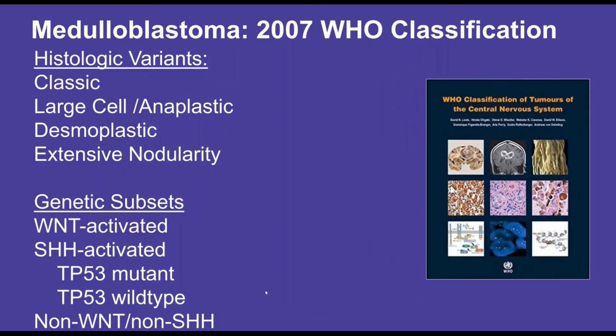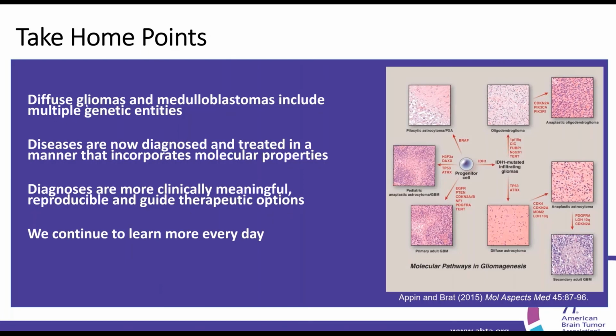So in the WHO as it exists now, we've added molecular subsets in addition to histologic variants, again, introducing a new era. So the diffuse gliomas and medulloblastomas include multiple genetic entities. We're no longer diagnosing tumors under the microscope. That was the platform that served us well for 100 years.